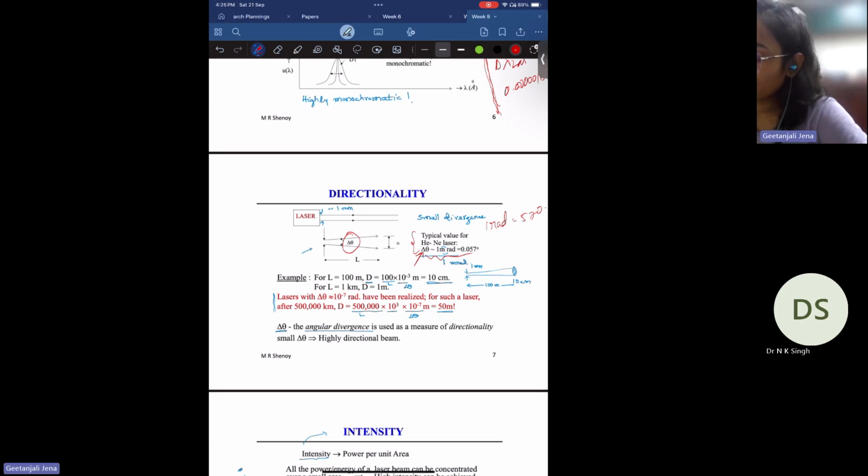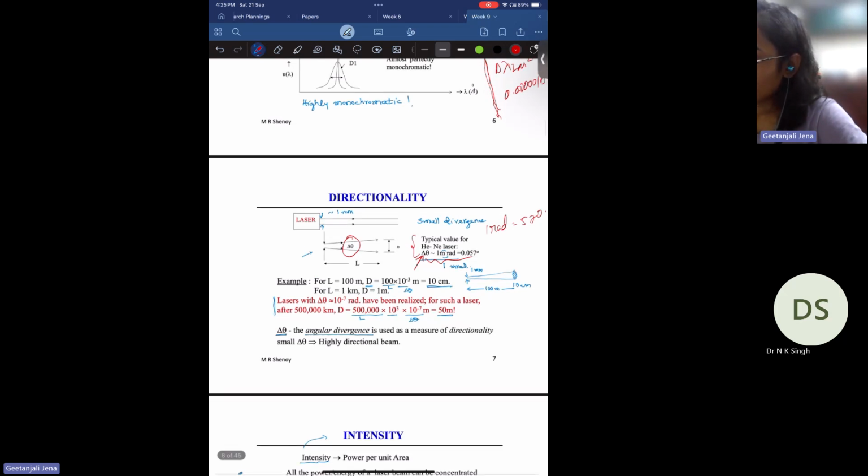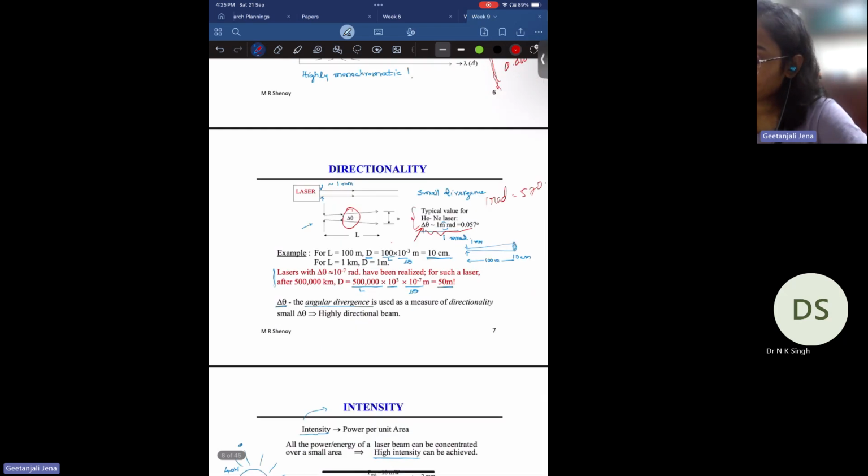If you want to find the divergence after traveling through a length of 100 meters using the helium neon laser, we multiply the length with delta theta. For L equal to 100 meters and delta theta of 1 milliradian, the divergence D is around 10 centimeters. For L equal to 1 kilometer, D will be around 1 meter.